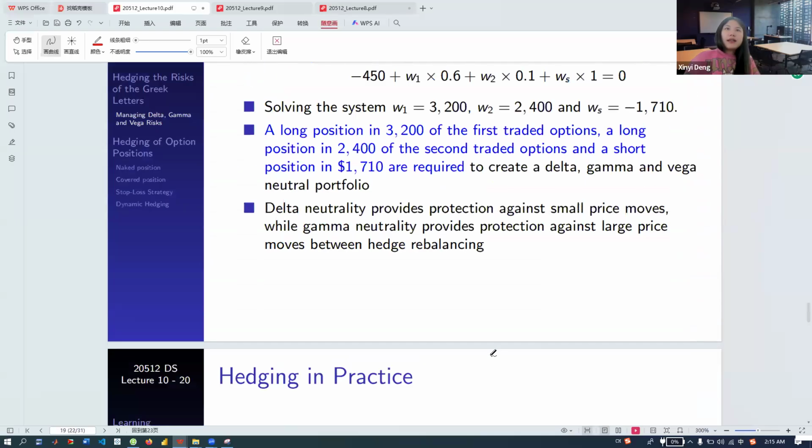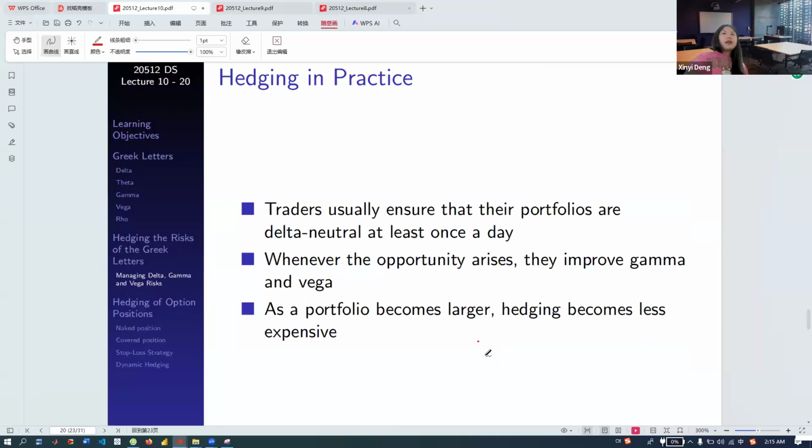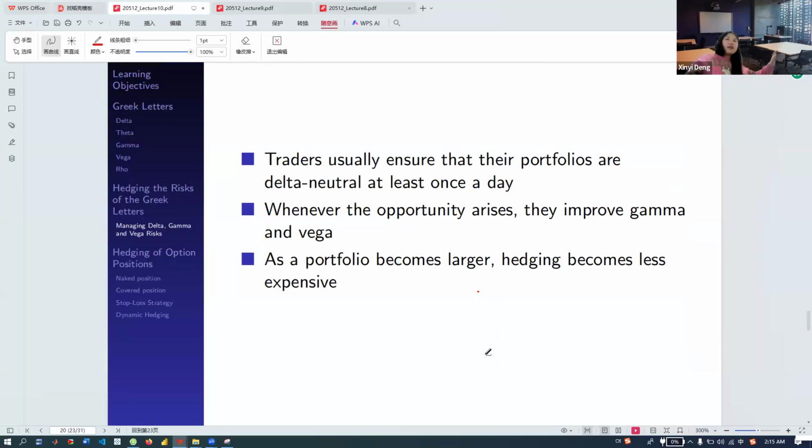So in practice, the traders usually ensure that their portfolios are delta neutral at least once a day. Also, aside from delta, whenever the opportunity arises, they are also trying to improve gamma and vega as well. Whenever the opportunity arises means whenever the hedging cost is low.